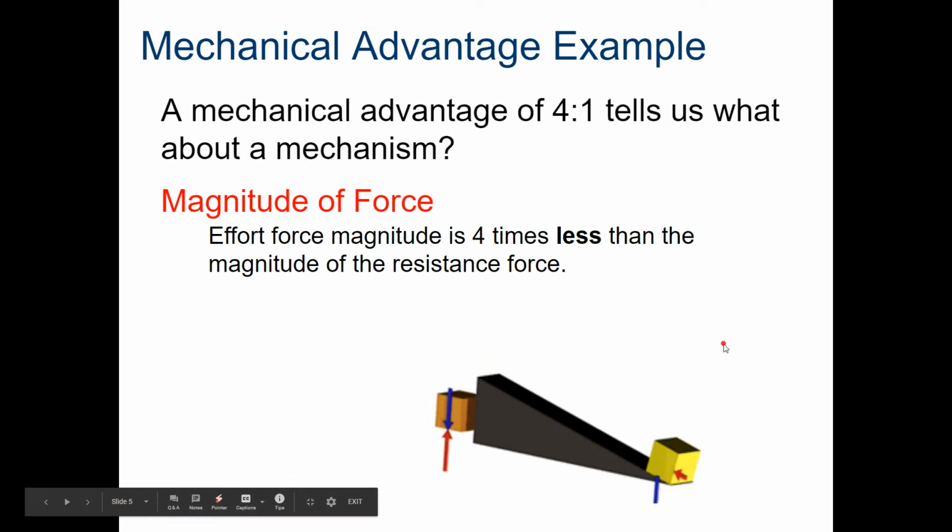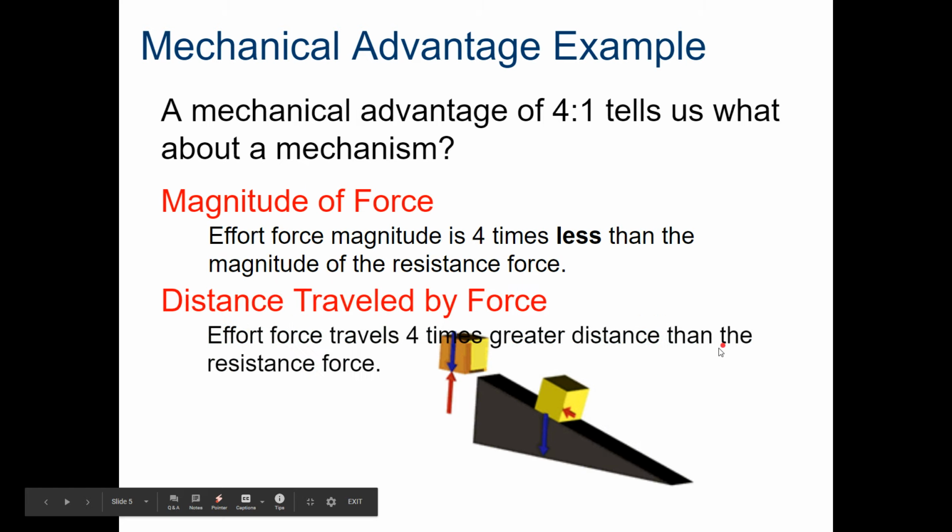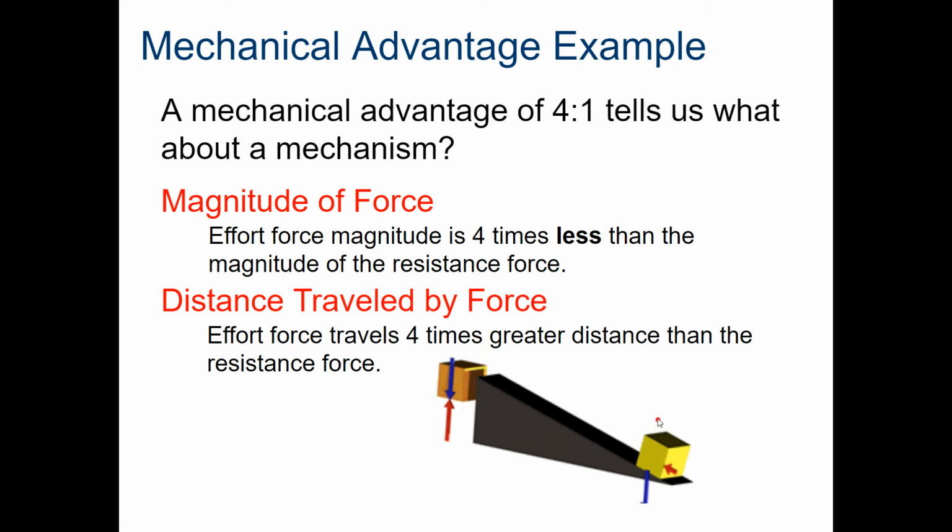All right, so question here. A mechanical advantage of 4 to 1, that's how you would say that. Mechanical advantage of 4 to 1 tells us what about a mechanism? In terms of the magnitude of force, the effort to push that box up that ramp is 4 times less than the resistance of that box.